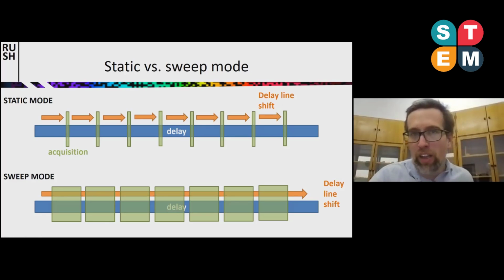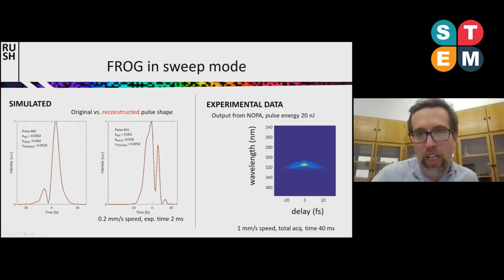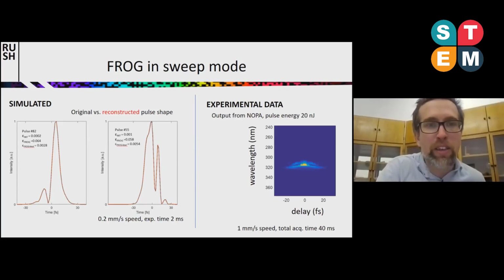So you still have the jitter issue here, but besides that, you need to see whether this is a problem when you average your FROG trace over a long time, over a certain range of delays. And it turned out that it actually does not make very much difference.